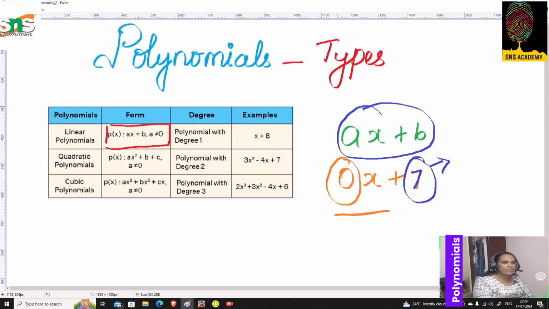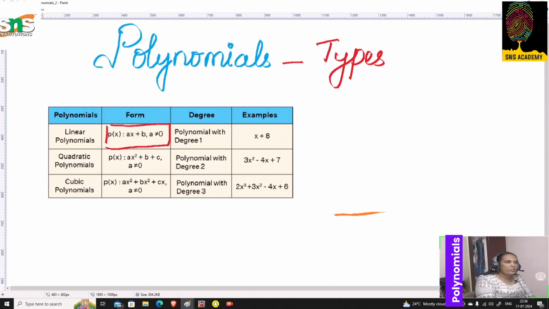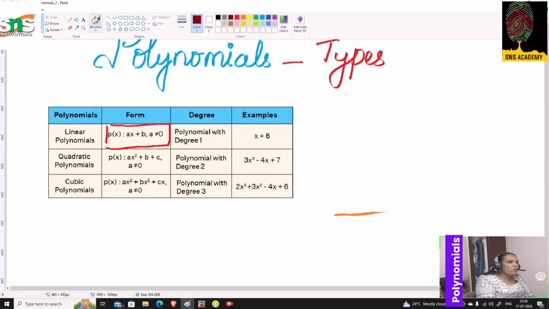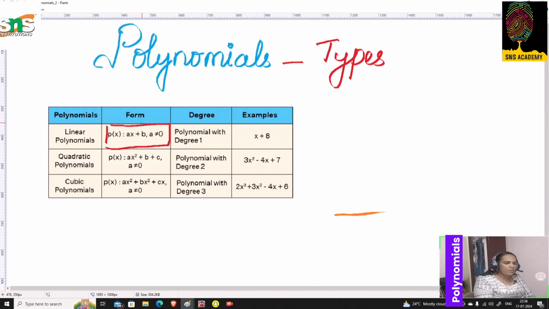That's why we always say a is not equal to 0. So if the degree of the polynomial is 1, we call it a linear polynomial, and also the value of a is not equal to 0. Here I have given the example x plus 8.